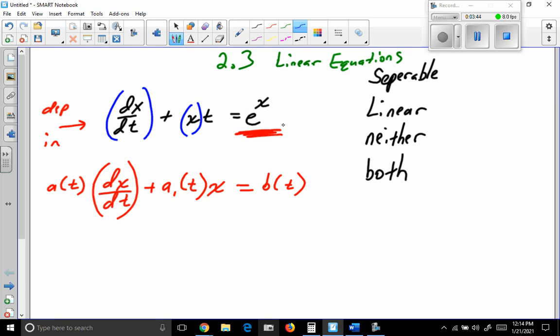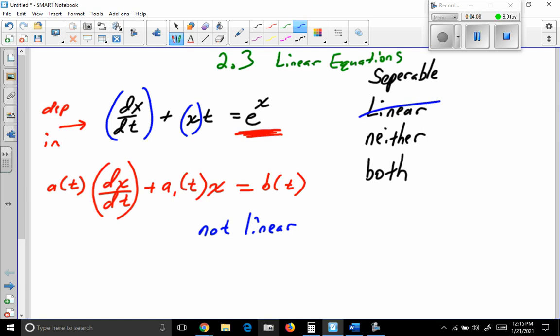Everything else has to be functions of t. Since we have a function of e to the x here, then that is not linear. Any coefficient or the other side has to be a function of the independent variable, not the dependent variable. So at this point, we know this one is not linear.